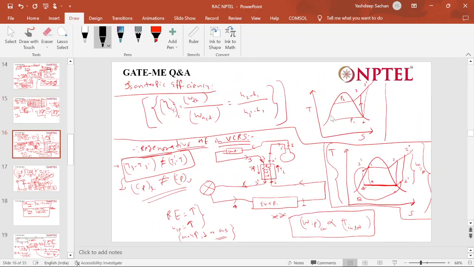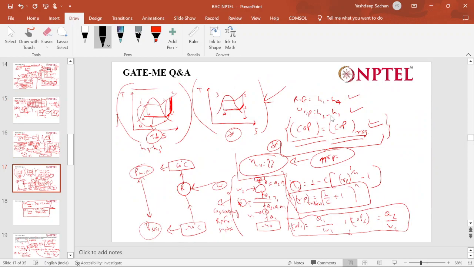Now what will happen if we require a cooling system between a very large temperature difference, let's suppose from minus 50 degrees Celsius to 40 degrees Celsius? So it is a large temperature difference.